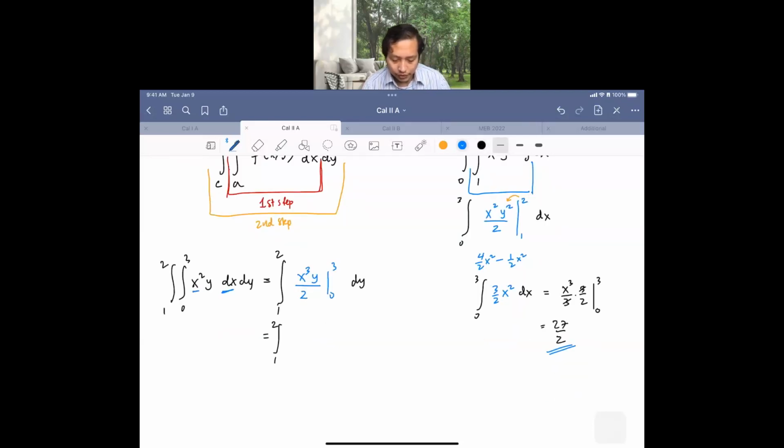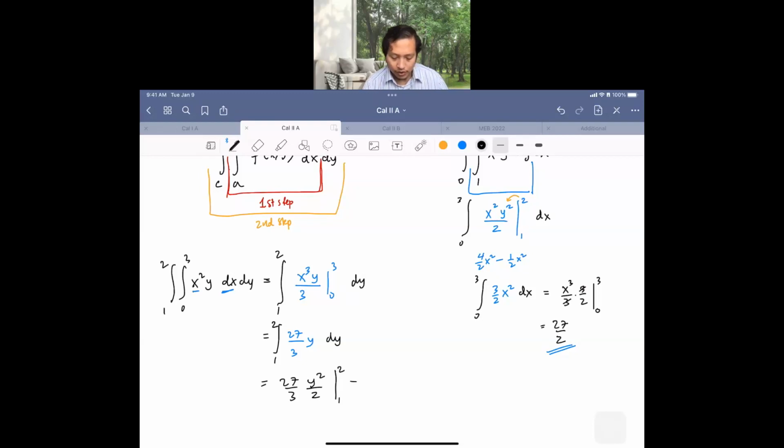So we put 3, this is 27 over 3. Oh, it should be 3, sorry. So 27 over 3 y, and then this will be dy. Let's evaluate this. 27 over 3, y becomes y squared over 2 from 1 to 2.